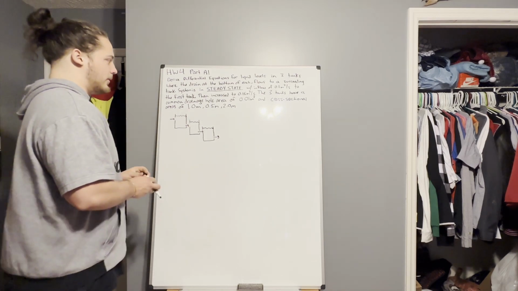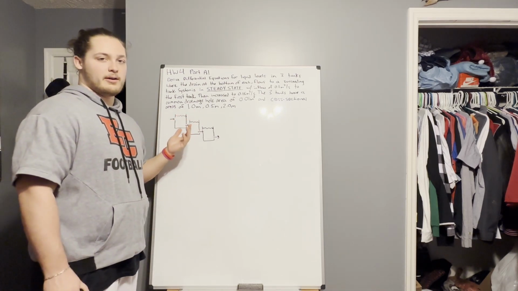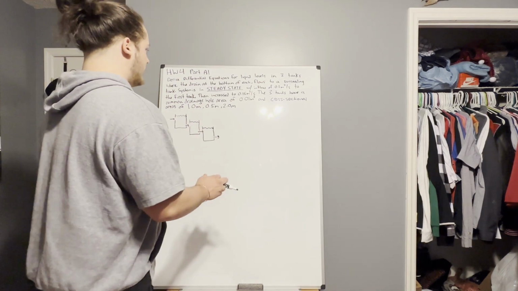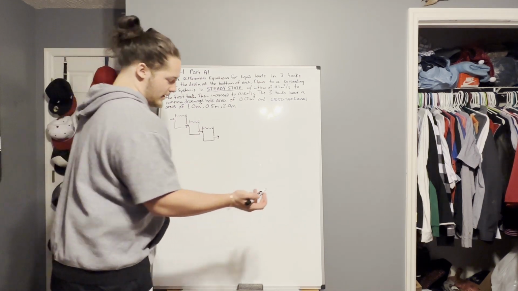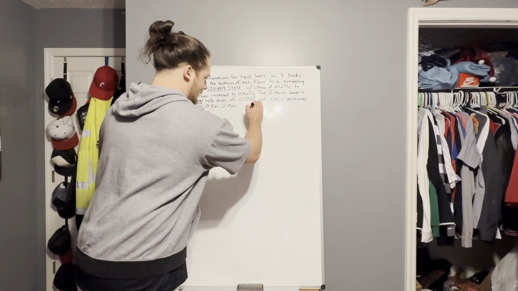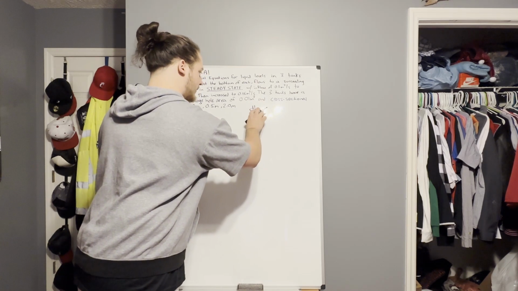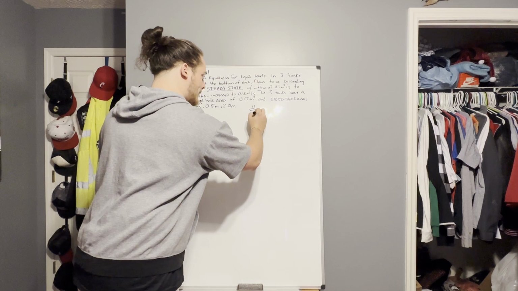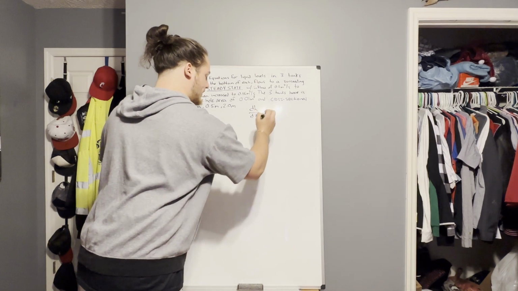So to start with this problem, we know that we are in a steady state. So we know that the differential of our height with time is going to be 0.